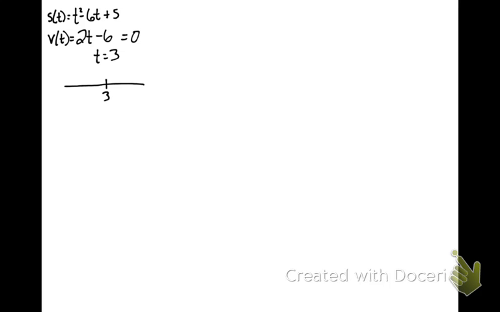And when t is 0, we know that the particle would be moving left, and after 3 it would be moving right. And we know this because the velocity would be negative from 0 to 3 and positive from 3 on. And at 3 is when it's stopped.